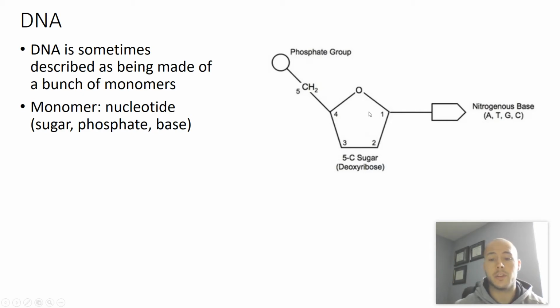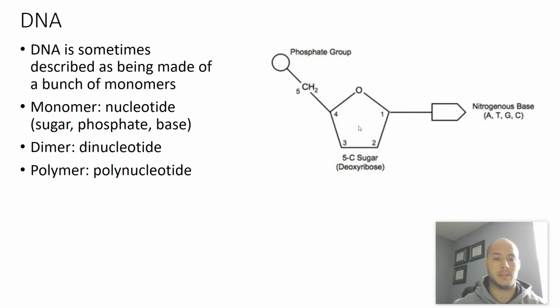The sugar here is deoxyribose. In RNA, that is just a ribose sugar. That's one of the differences between the two. The dimer is a dinucleotide, so two of them together, di, two. And the polymer is the polynucleotide, which is many of them, and our DNA is a polynucleotide.